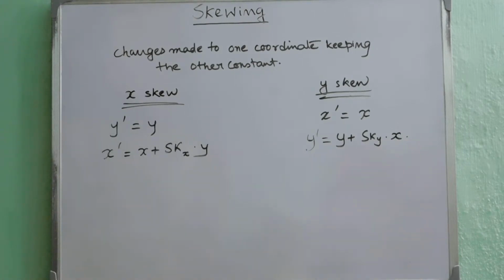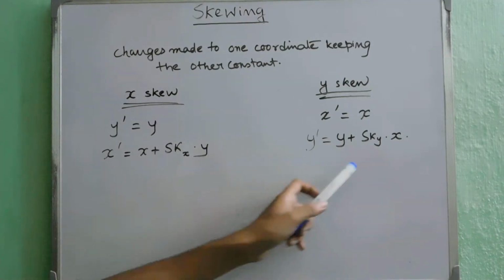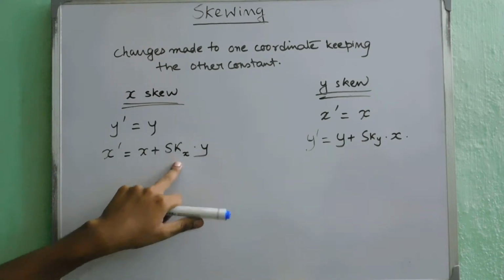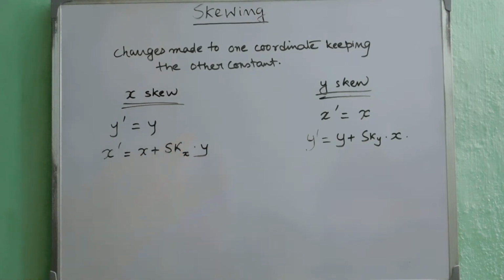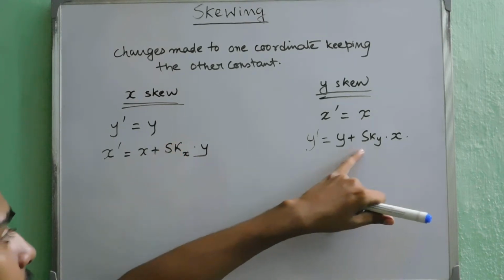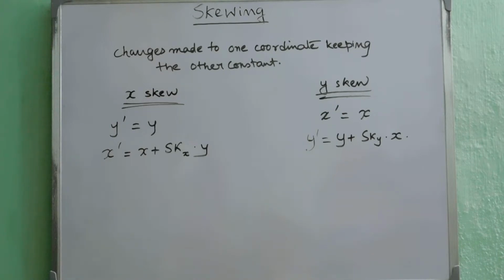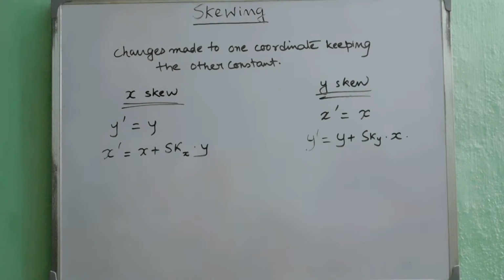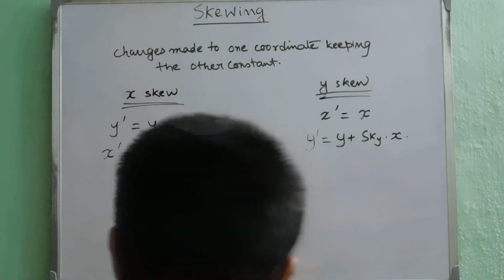Here sk x and sk y are the skewing parameters: sk x is the x skew parameter and sk y is the y skew parameter. I will show you two numericals based on x skew and y skew. So let's do the numericals.